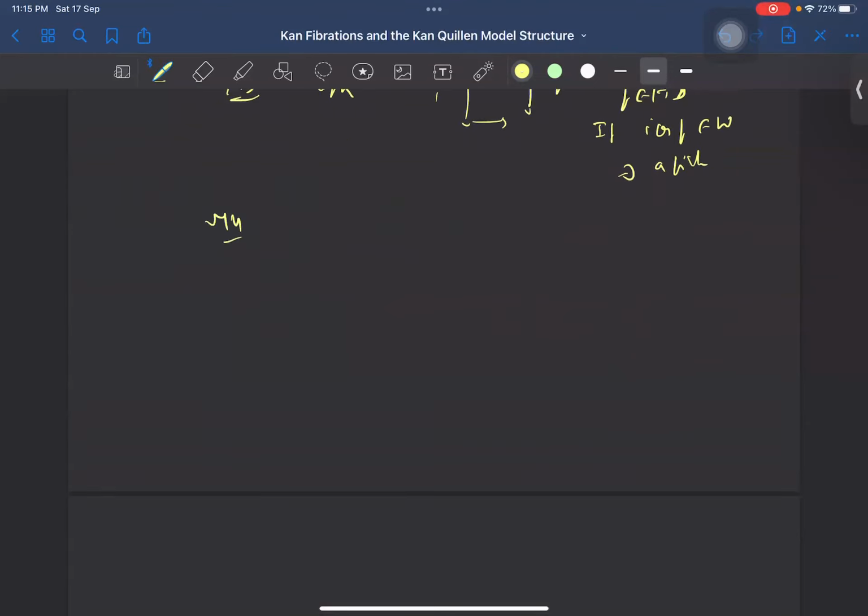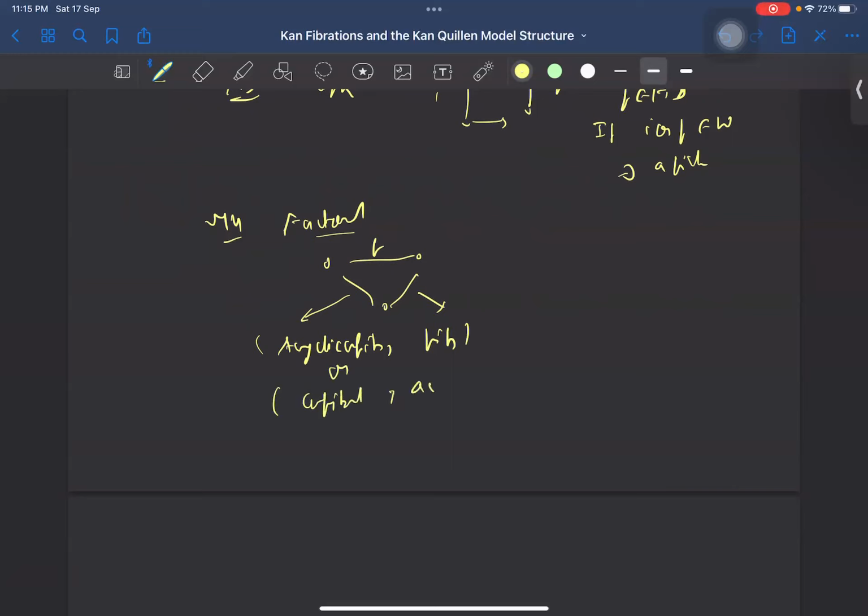And M4 will be the factorization axiom. Every morphism can be factorized as follows. This is either an acyclic cofibration and this is a fibration, or this is a cofibration and this is an acyclic fibration.